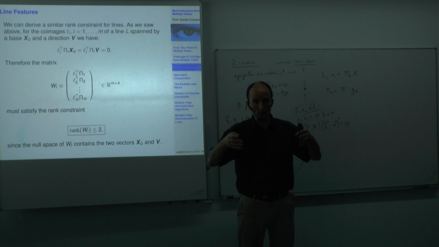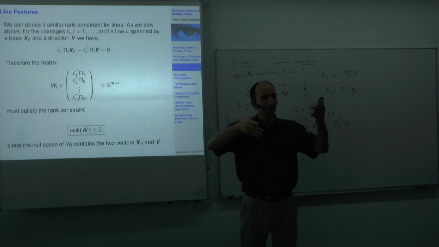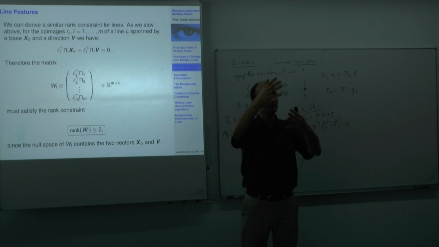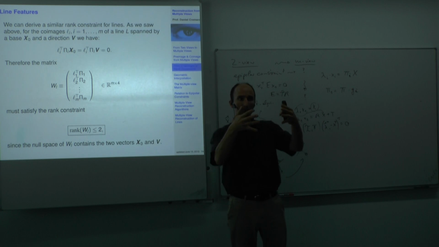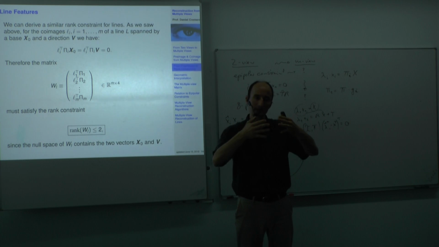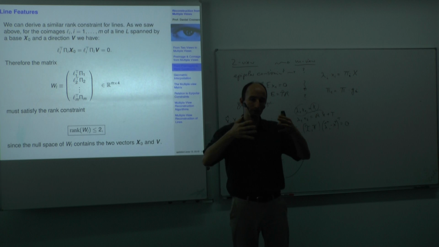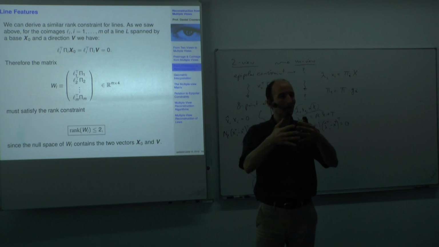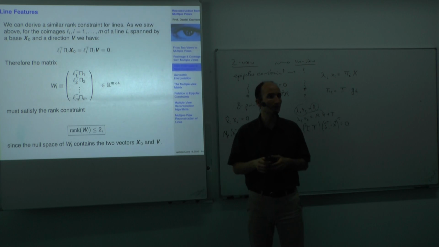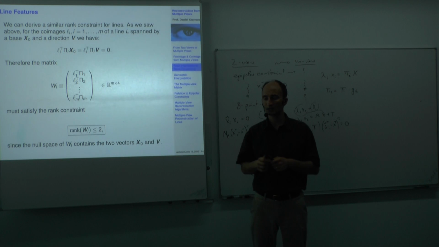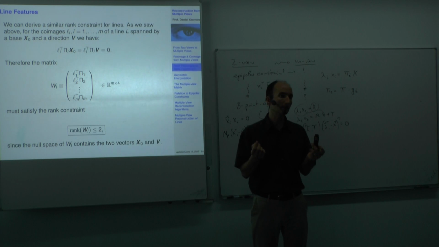If I observe 2 lines in 2 images, then no matter where the 2 lines in the image are, there always exists an intersection of these planes that define the pre-image. And so for 2 observations of a line, you always have a consistent reconstruction. So it's hard to get meaningful constraints for the case of lines once you only consider 2 images.